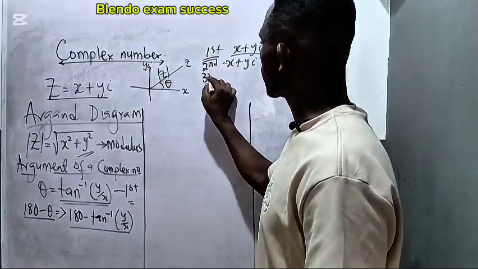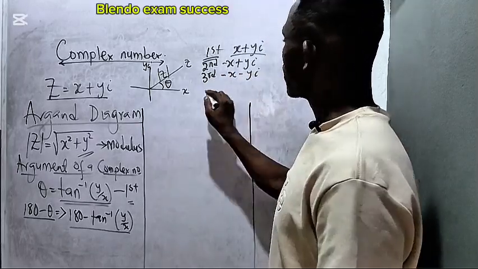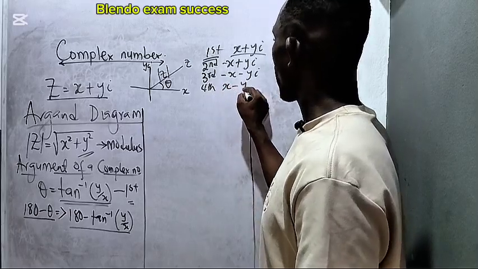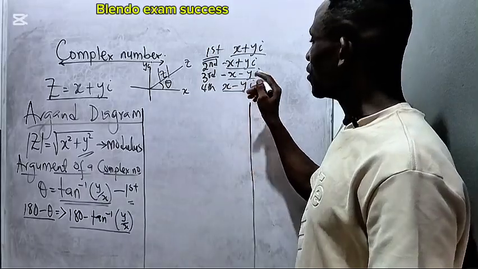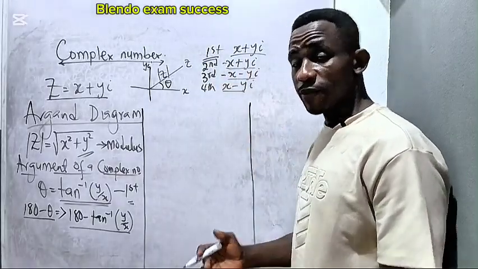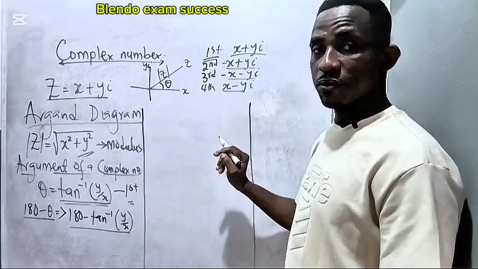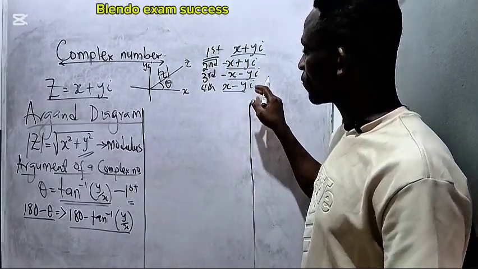The one in the third quadrant is going to be negative x, negative yi. Then the one of the fourth quadrant is going to be x, negative yi. So this is how you identify the complex number in each of their respective quadrants.